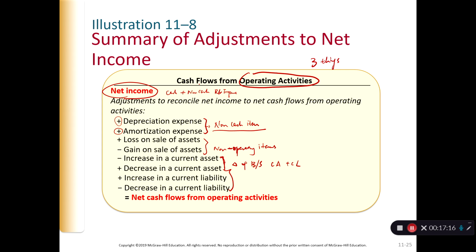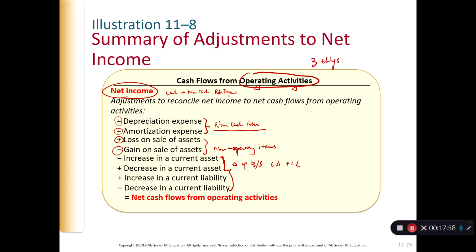And since non-operating items are not related to operating net income, we need to pick them out too. If you reduced net income by a loss, we add it back. But if you increased net income by recognizing a gain on the sale of an asset, we subtract it out.